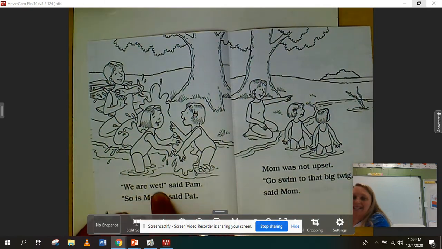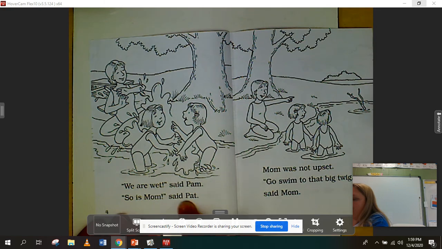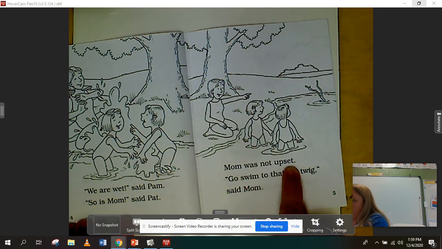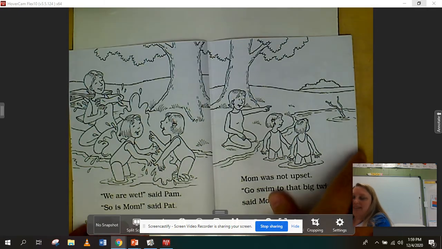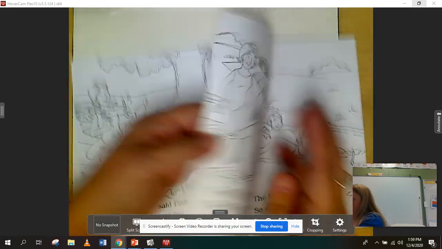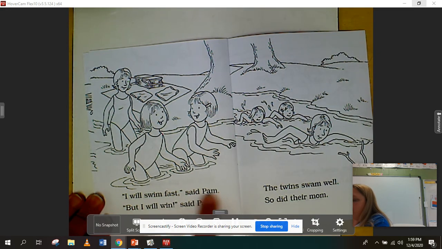We are wet, said Pam. So is Mom, said Pat. Mom was not upset. Go swim to that big twig, said Mom. So we were right. They're going to swim to the twig. I will swim fast, said Pam.